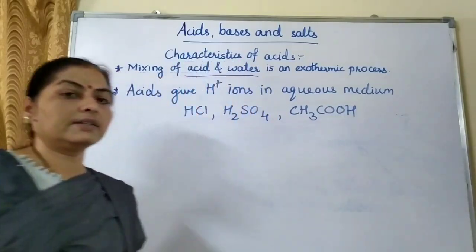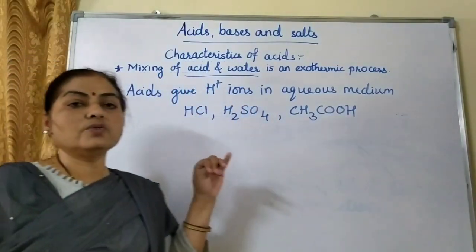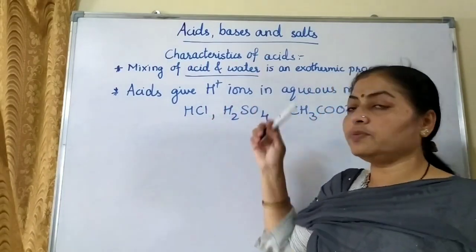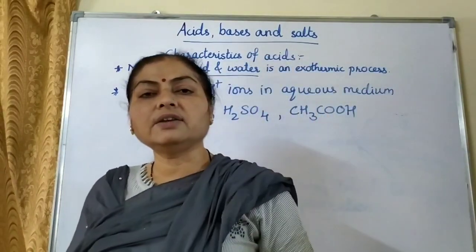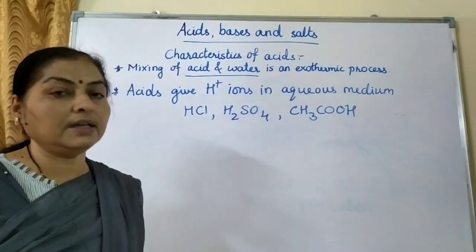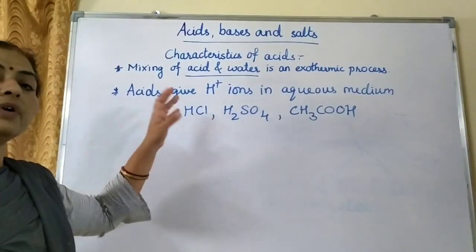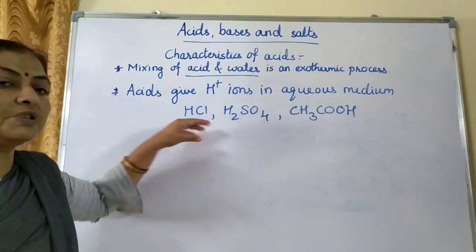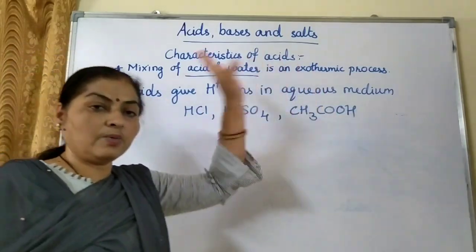So any kind of acid, when it is put into water, will give H plus ions. Acids give H plus ions. This is a theory which is given by a scientist known as Arrhenius. So Arrhenius said that acid is that substance which will give H plus ions in aqueous solution.